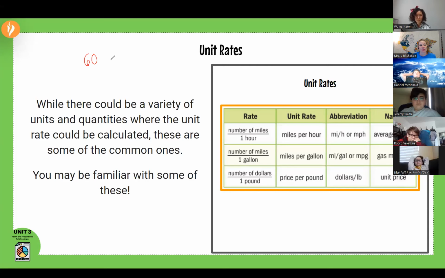If you're going 60 miles per hour, how many miles are you going in 1 hour? If your car is driving 60 miles per hour, how many miles are you riding in an hour? It's 60 miles, right? 60 miles per hour. You're going 60 miles. You'd be surprised how many people don't know the answer to that question. All right, but anyway, when you're talking about speed, you're talking about a unit rate, miles per hour.